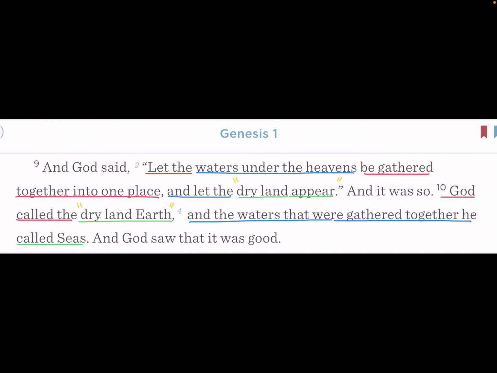So the waters under the heavens were gathered then into one place, and as a result of the gathering together, the land that was under them became dry, and it appeared. And it was so. So God called the dry land earth, and the waters that were gathered together he called the seas. So now we have 3 groups identified. We have the heavens, we also have the earth, and we also have the seas.